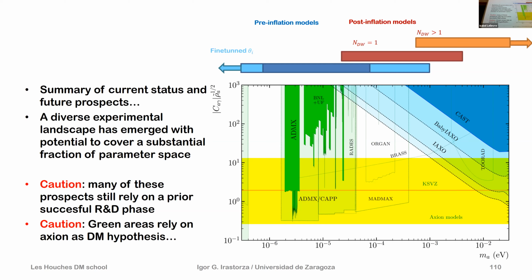I haven't yet talked about helioscopes. This is my next topic, but BabyIAXO is getting built, so this bound from CAST will improve. The one of BabyIAXO certainly in a few years.